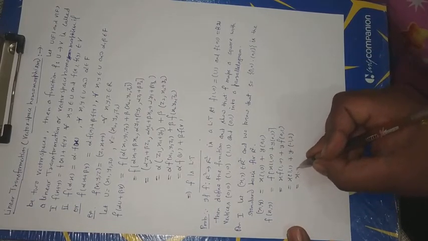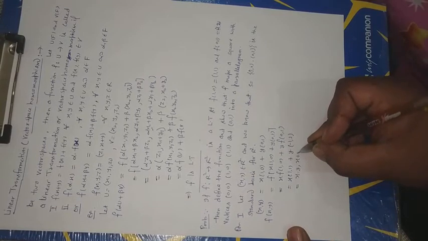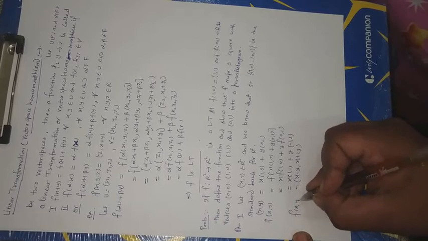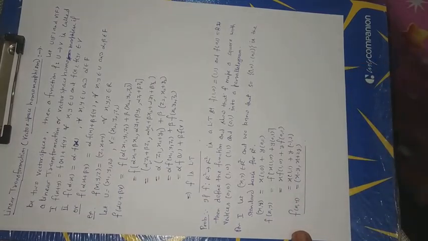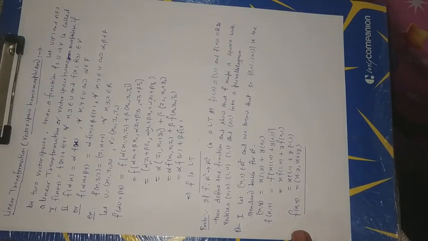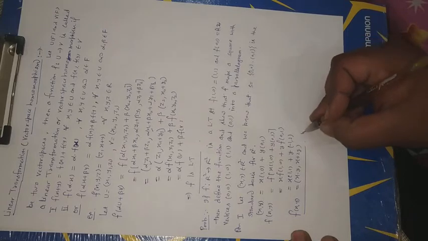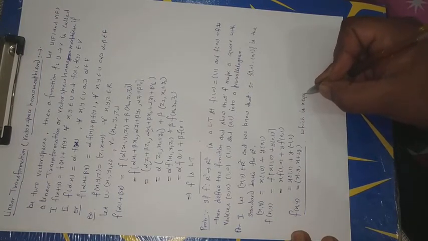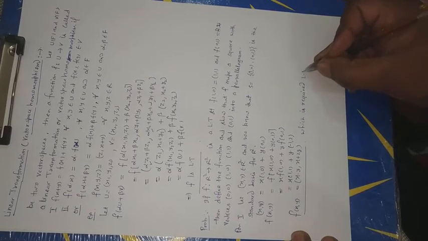Therefore (x minus y, x plus 2y) is the value of f(x, y). This is the first part complete. This is the required linear transformation.